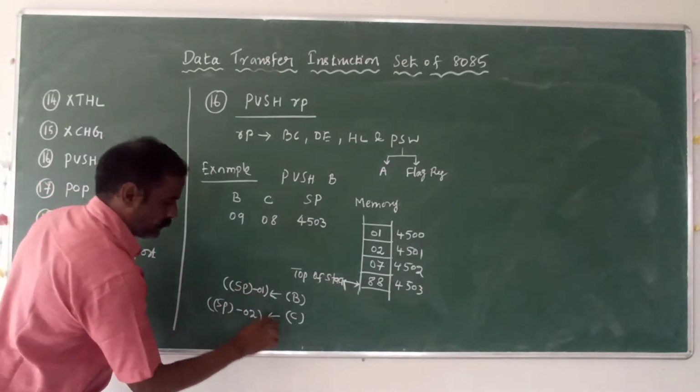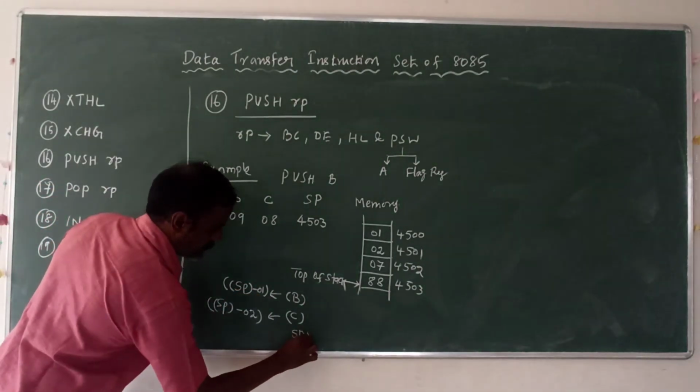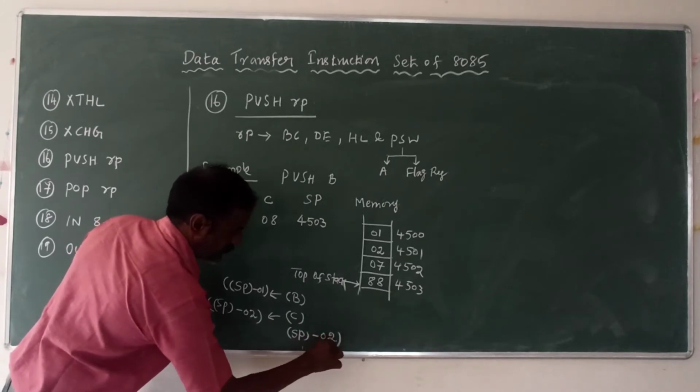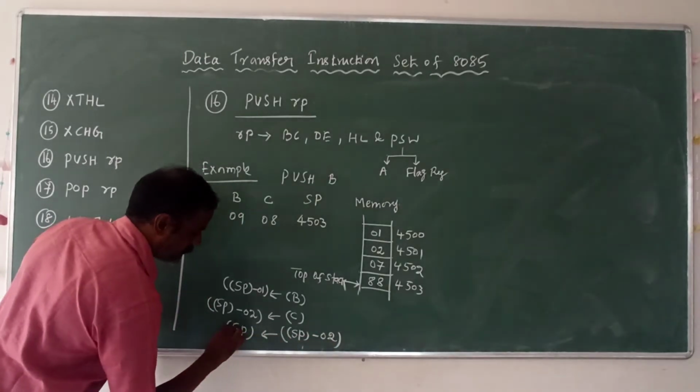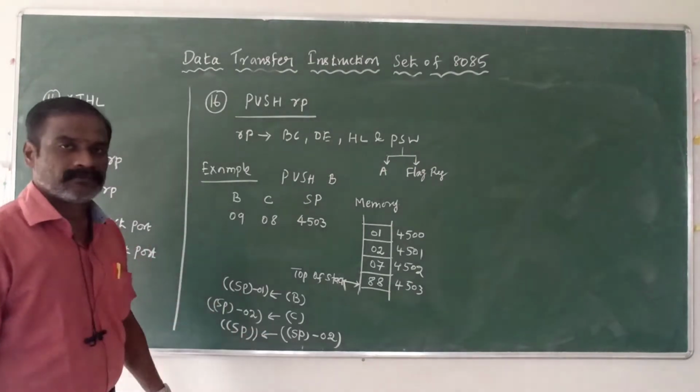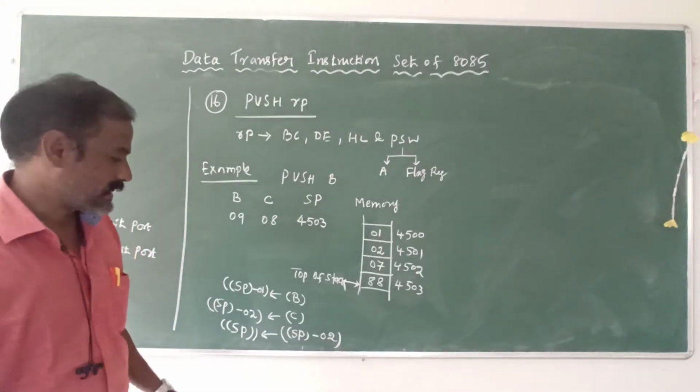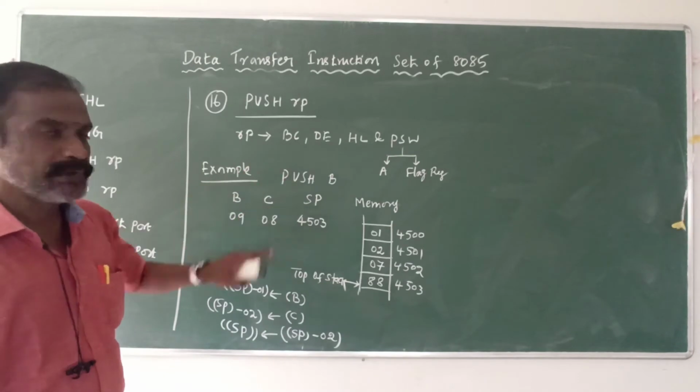After that, the stack pointer -2 address represents the new top of the stack. This is the operation of push B.